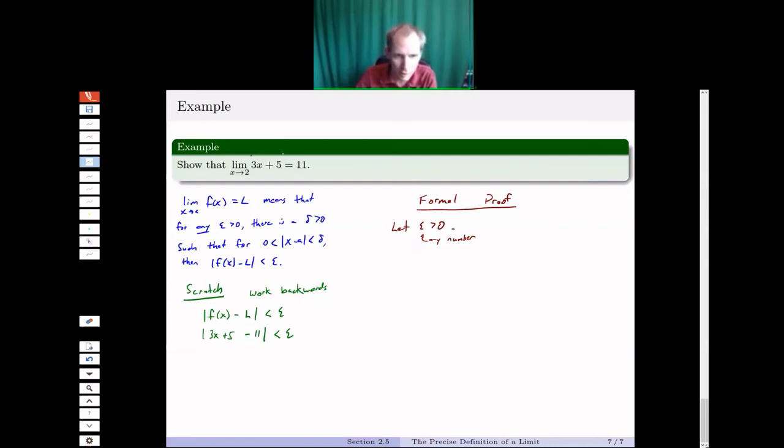So here I have my f of x, here I have my L, here I have my number A. Let's also write down the other side of that. We also have 0 less than the absolute value of x minus A less than delta. Well, I know that the A is 2, so I'm going to have an absolute value of x minus 2.